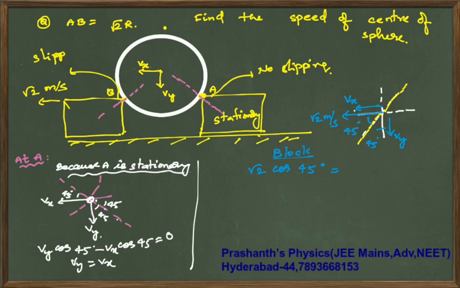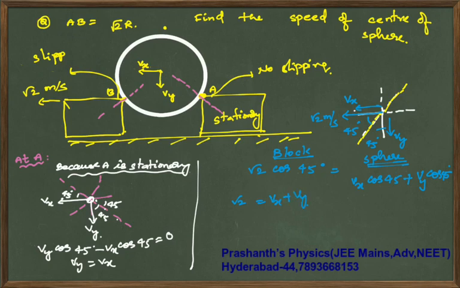This must be equal to the sphere's velocity component along the common normal, which is Vx cos 45 plus Vy cos 45. Root 2 times cos 45 is anyhow 1 by root 2, or you can simply cancel cos 45. That will give you Vx plus Vy.